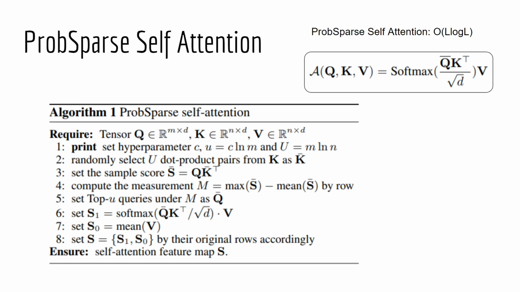From here, we can go back and do the regular self-attention equation with the now adjusted value for q and the original value for k to get S1. S0 is where the result goes. These two parts are concatenated together to finish off the ProbSparse self-attention.